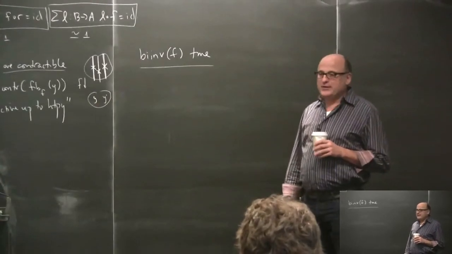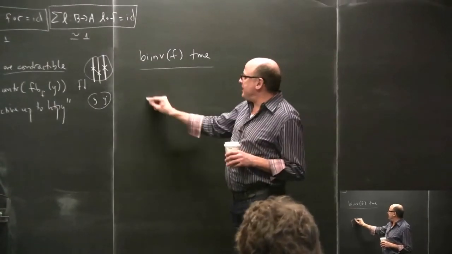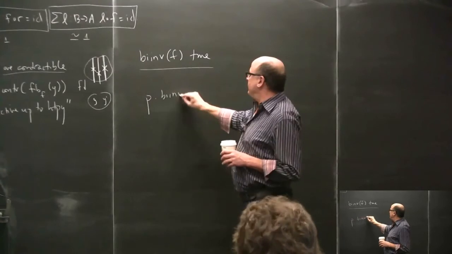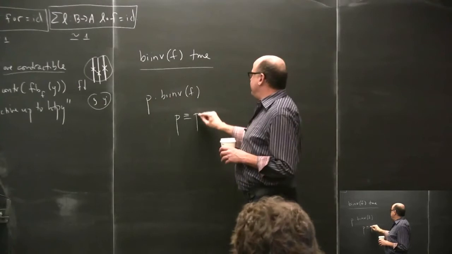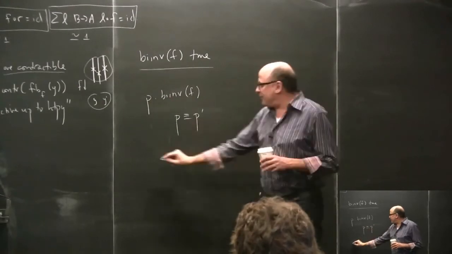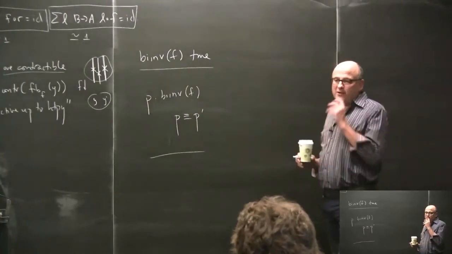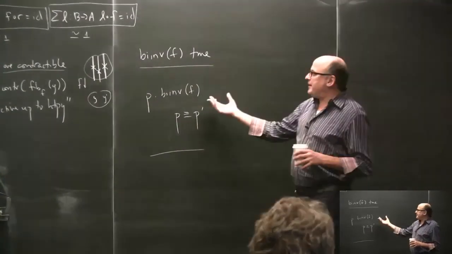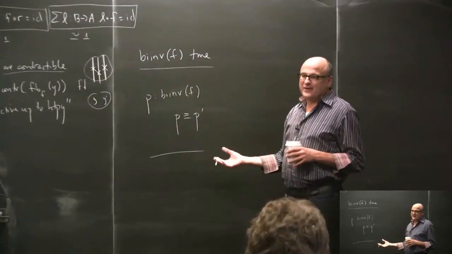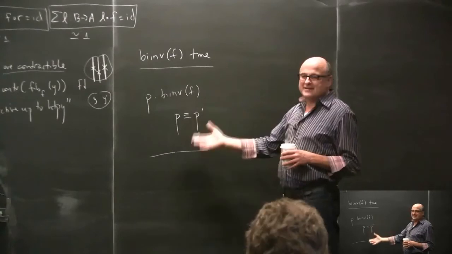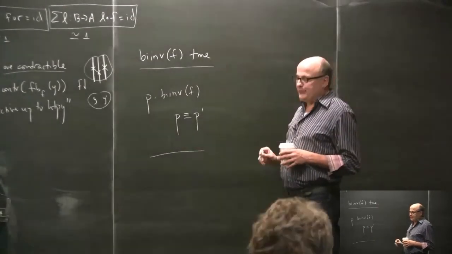So we know the definitional properties: if I have P, which is a particular proof of by inverse of F, P can be definitionally equal to some P prime, and that may matter even for the statement of a subsequent theorem to be syntactically well formed. So the unicity up to higher homotopy helps you not one bit with this fact. Okay, so this is a fundamental problem, and this fact doesn't help.